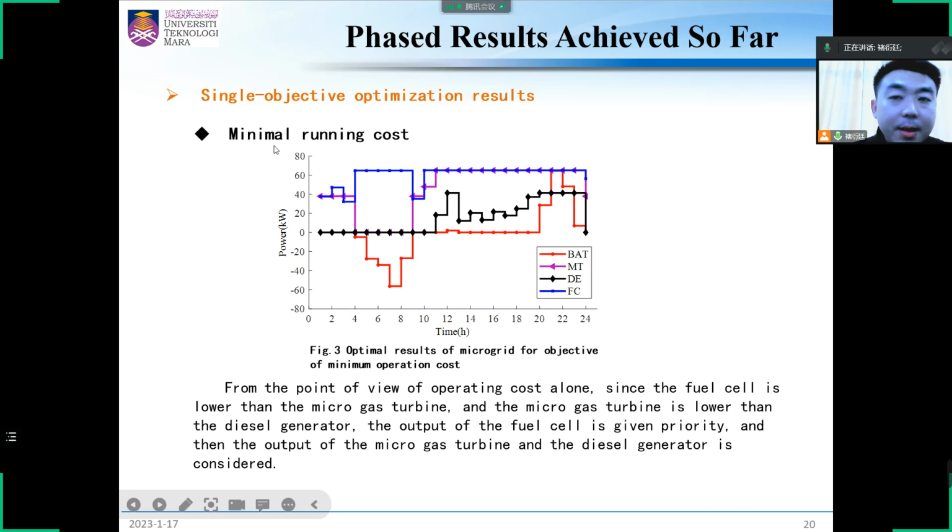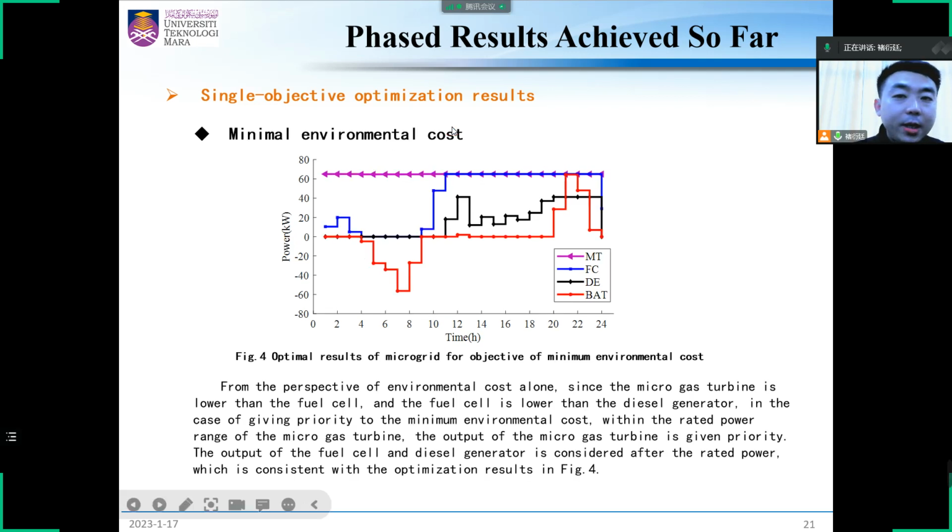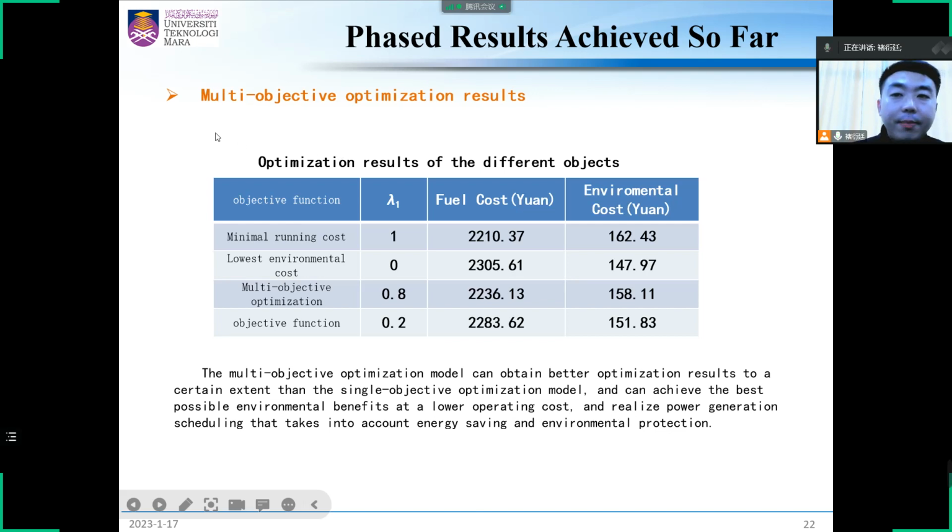This is the minimal running cost. This is the minimal environmental cost, and the multi-objective optimal results. We can get the lambda. Different lambda have different results.